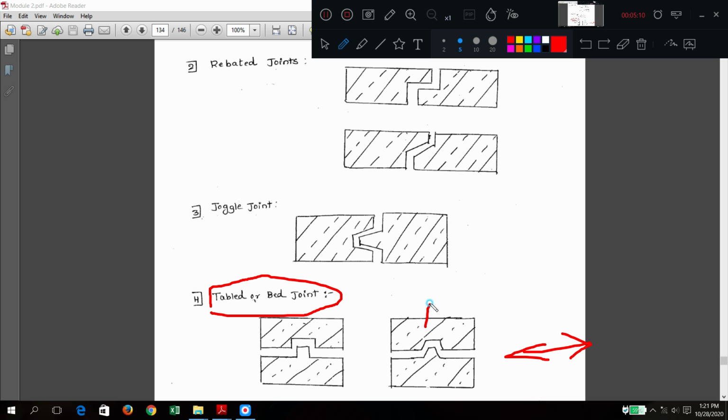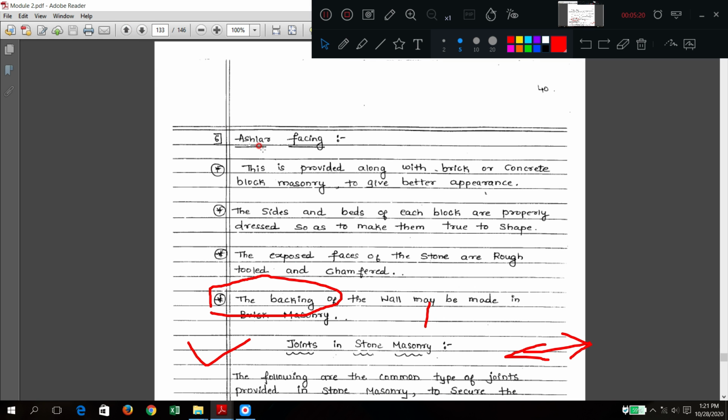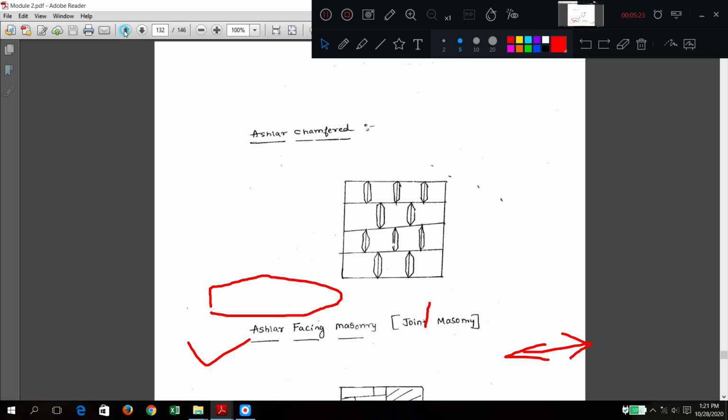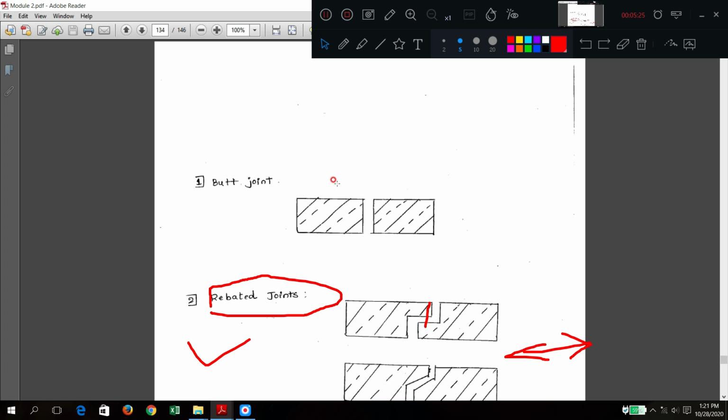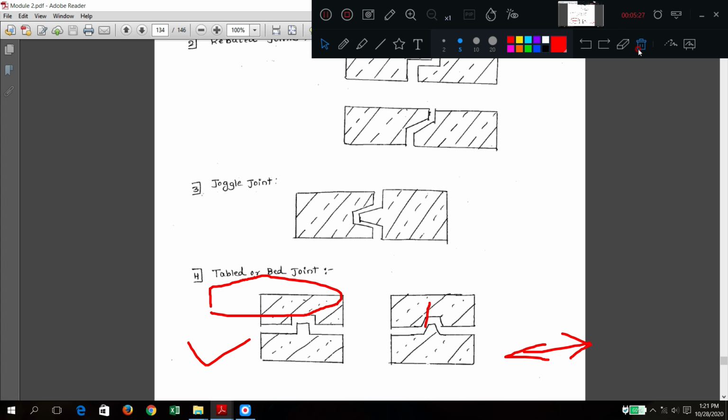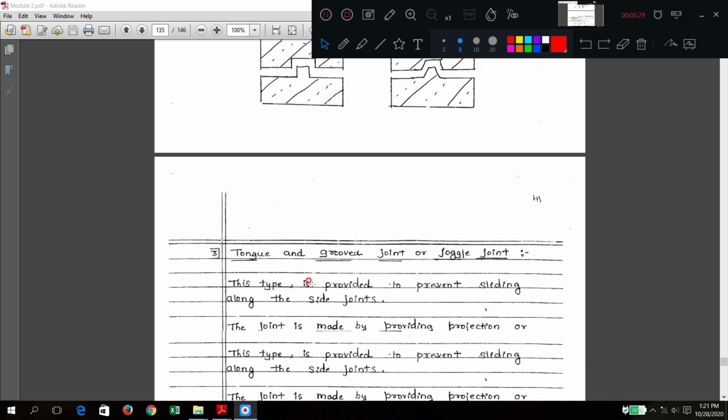For one stone a groove is made, and on the other side a projection is made. These are called table and bed joints, generally used to stop horizontal movement.